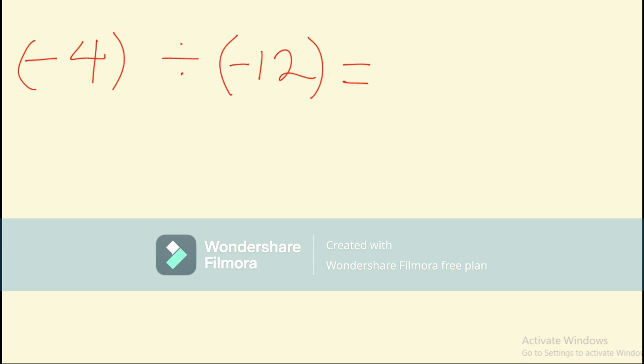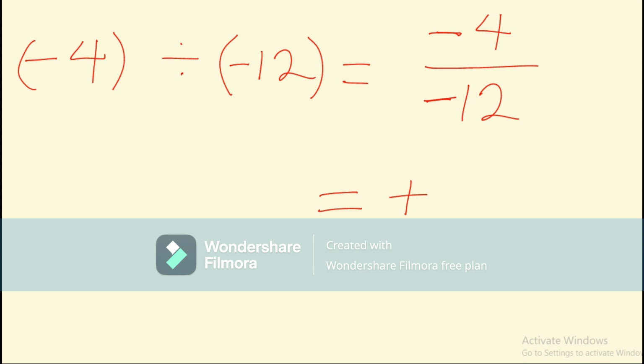It's not compulsory anyway, but we might prefer to write it like a fraction. So that's negative 4 being divided by negative 12. Like we've said before, this is a negative dividing negative. The result of that will be a positive.